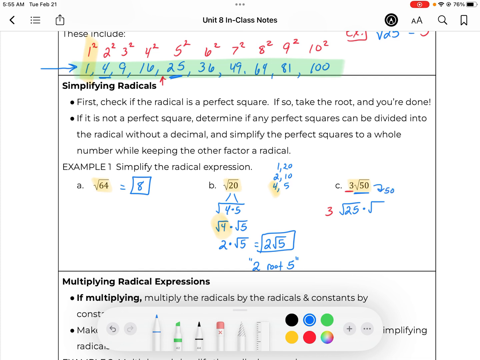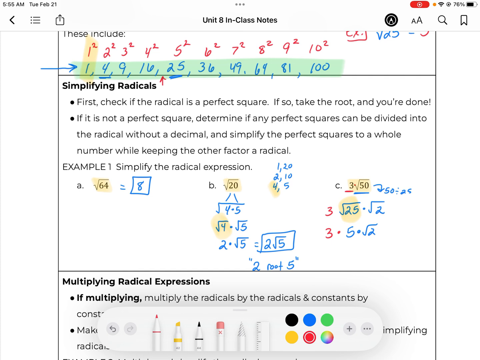When I get to my other number, I'm doing 50 divided by 25, which is 2. Okay? So I can start to simplify this a little bit more because the square root of 25 is just 5. But remember, we have this 3 hanging out in front, and it's multiplied.